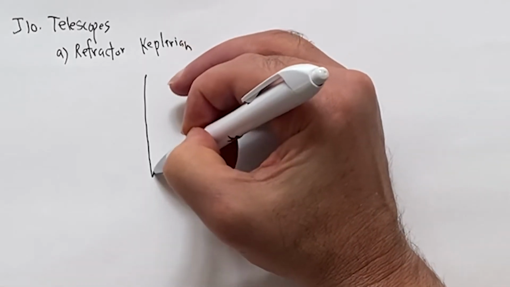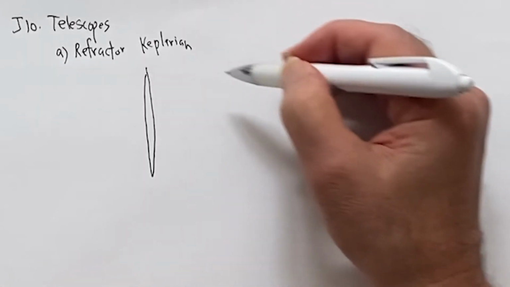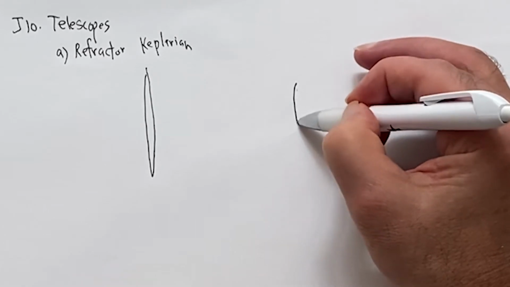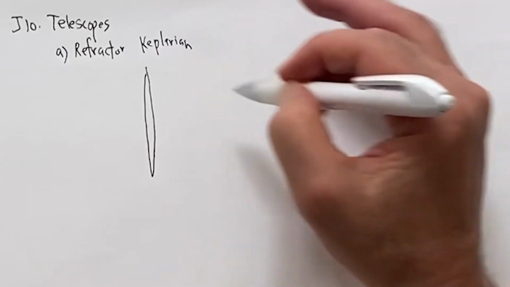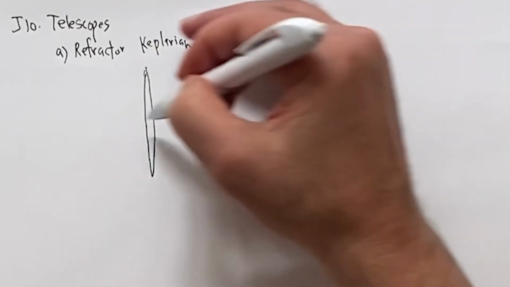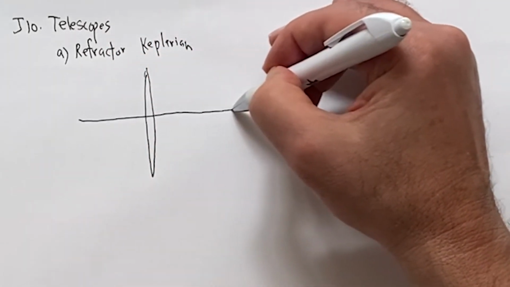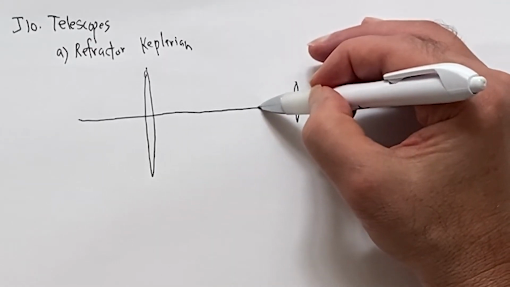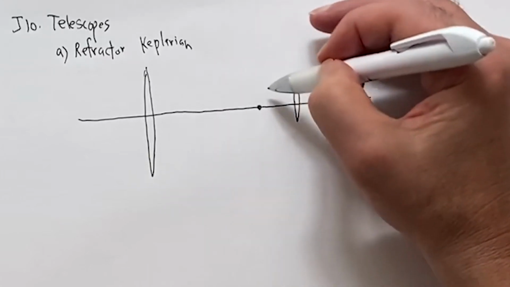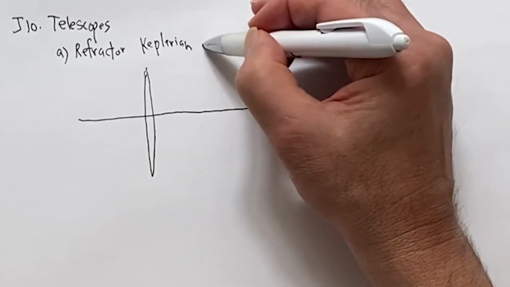And if we look at the situation where we have the two, objective and eyepiece, here, the secret is to put the focal points to coincide, and I'm going to show you why.